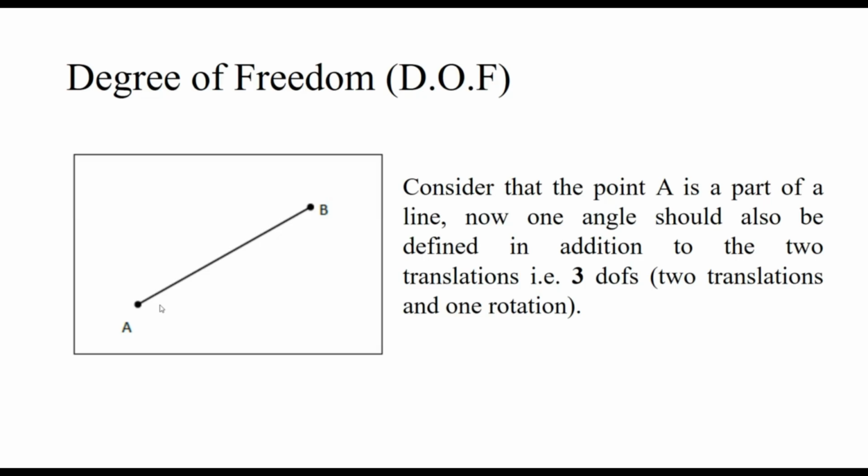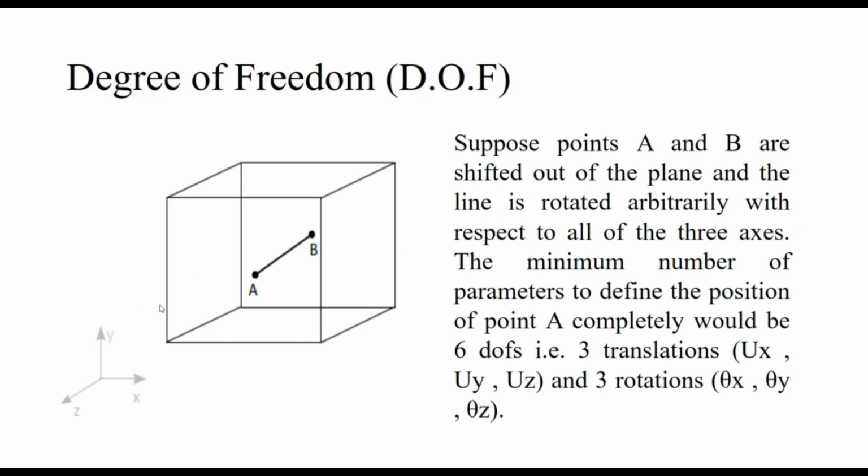So in this particular problem, in order to define the point A, we are going to define 2 translations and 1 rotation, which means for the point A we are going to have 3 degrees of freedom. Then coming to 3D space, if we take the same line, in order to specify the position A, I need to give 6 coordinates, total 3 translations and 3 rotations, which makes the total degrees of freedom for point A to be 6. Likewise, for the point B also, it will be 6 degrees of freedom.